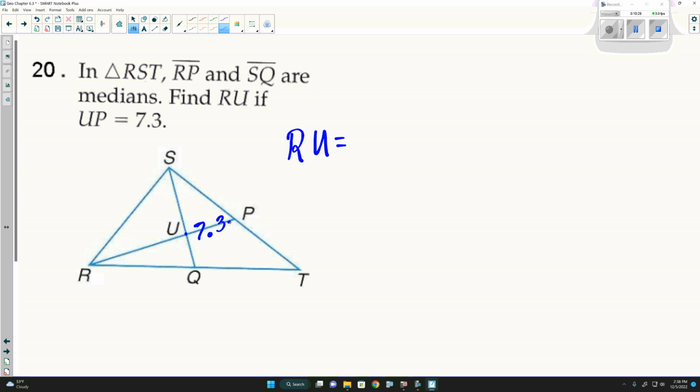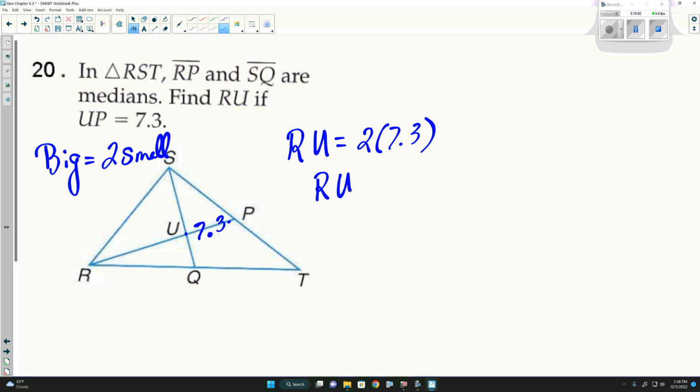And we want to find what? So big is what? Twice the smaller. So you can add it to yourself or multiply it by 2. So RU is 14.6.